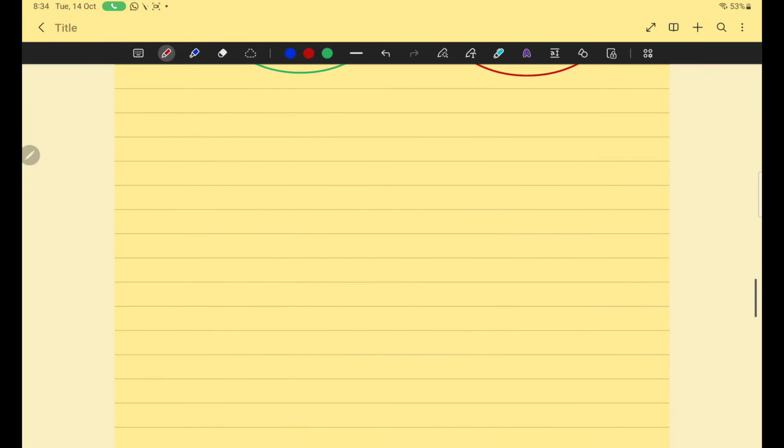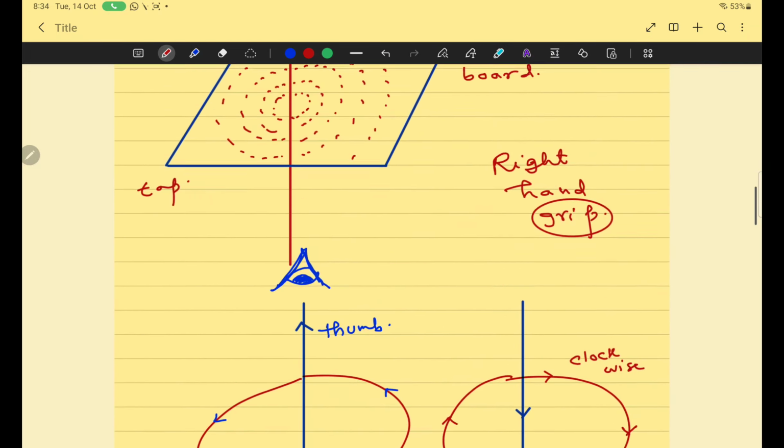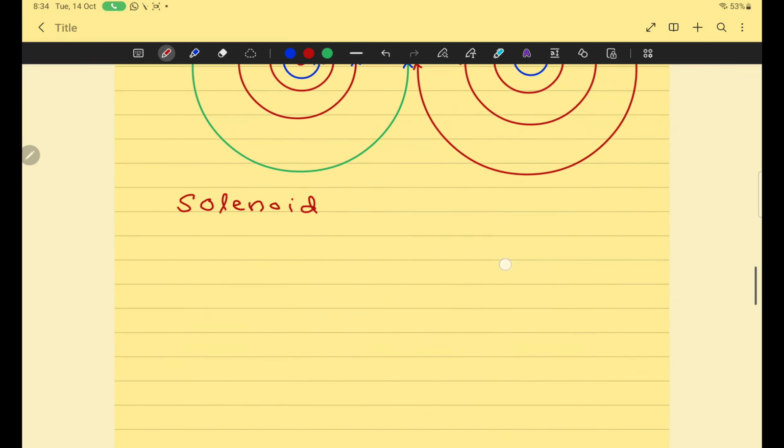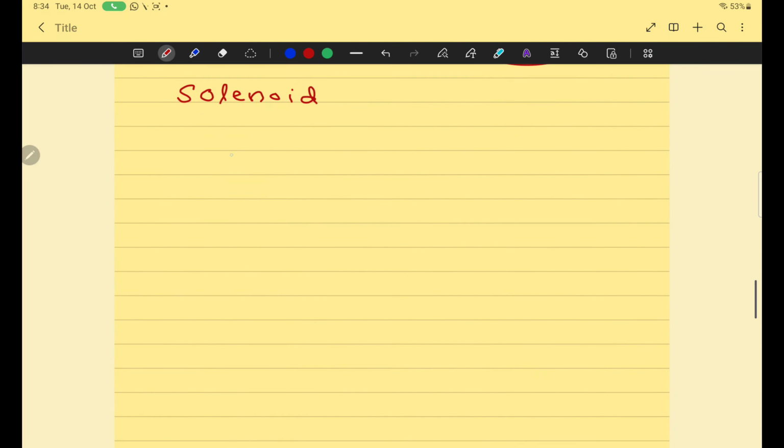Okay. So this is the right hand rule we have discussed. And now I am talking about a solenoid. Right now we have studied a straight wire. We have discussed a straight wire. And now we are going to discuss a solenoid. So what is a solenoid? A solenoid is a coil of wire.